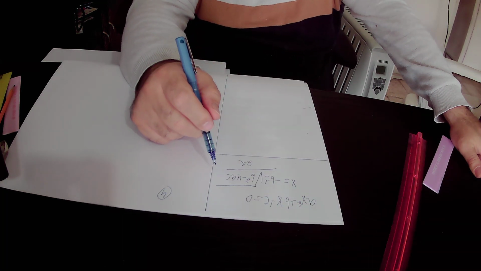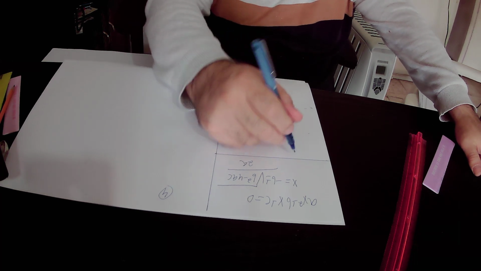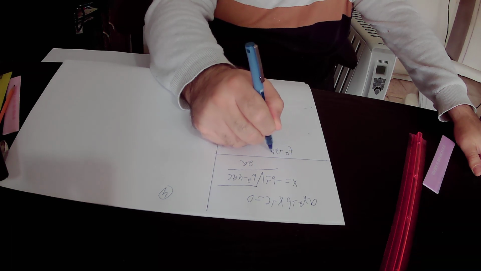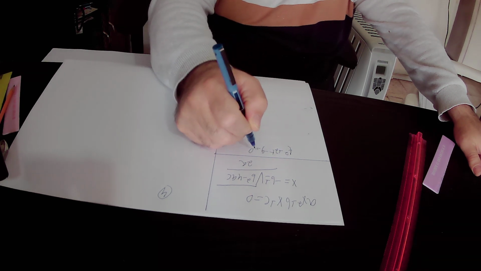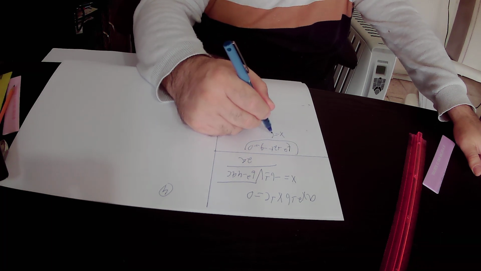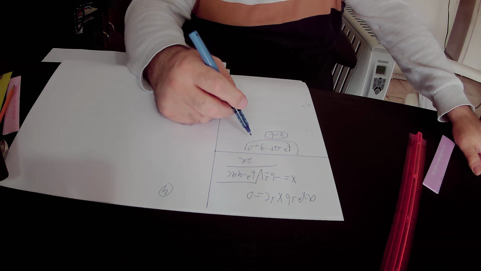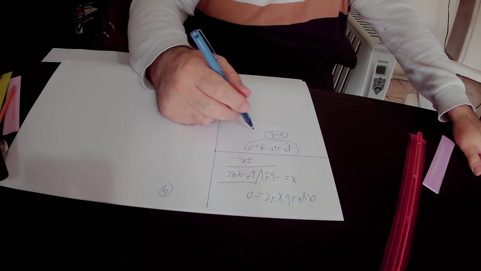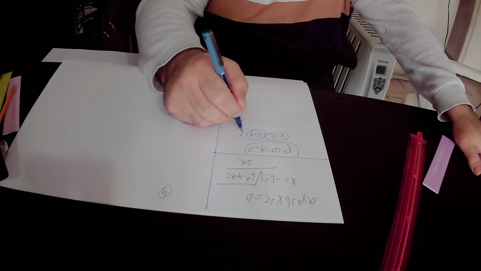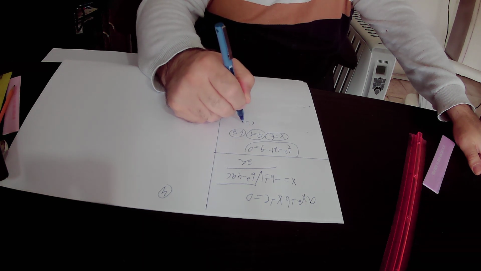Here a, b, and c are the coefficients of the quadratic equation, and x is the variable that we are looking for. So in our specific quadratic equation, t squared plus 2t minus 9 equals 0, the variable that we are looking for is t, so x equals t, and the coefficients are as follows: a equals 1, b equals 2, and c equals minus 9.